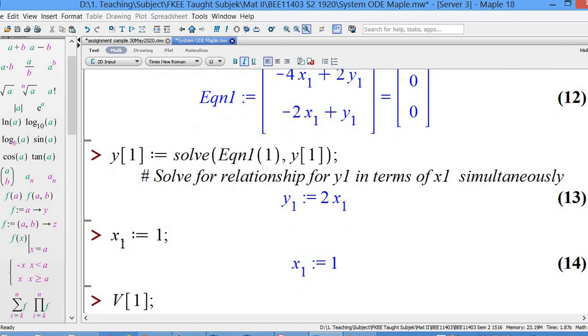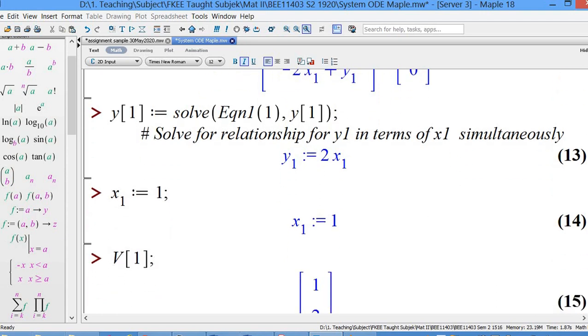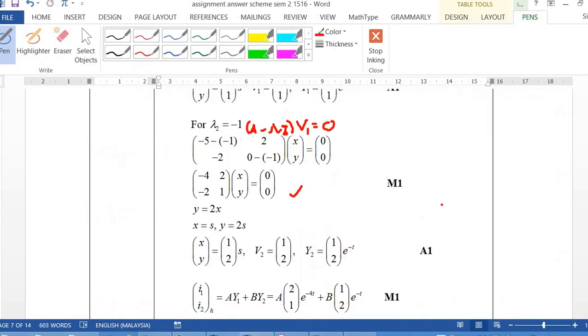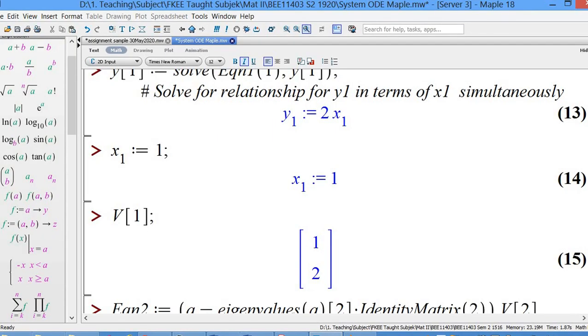Substituting x1 equal to 1, calling back V1, when x1 is 1, y1 will be 2. So the eigenvector is 1, 2.